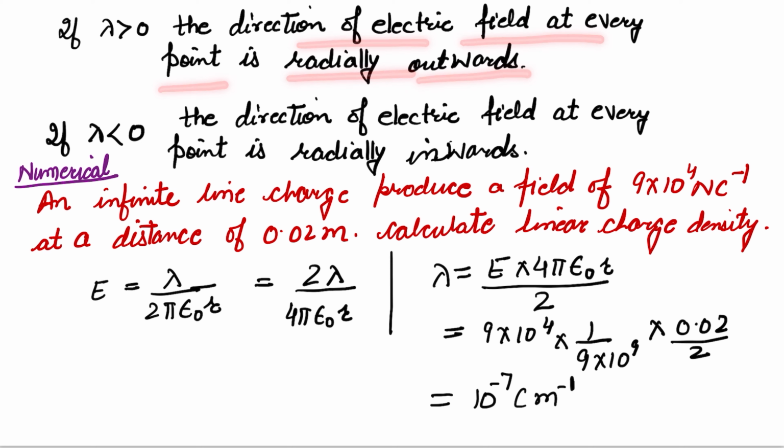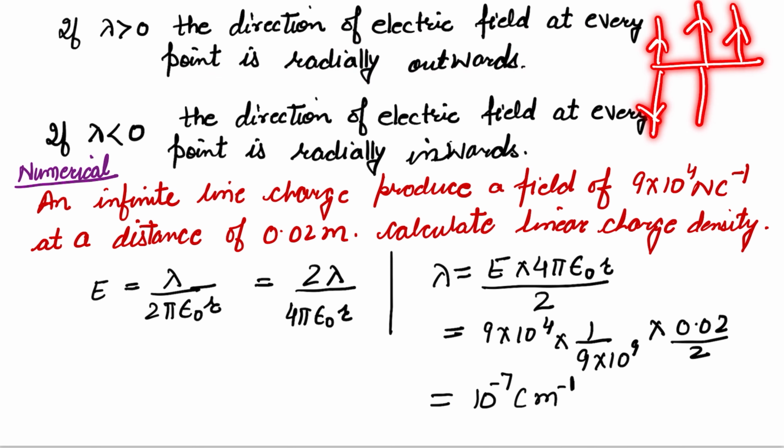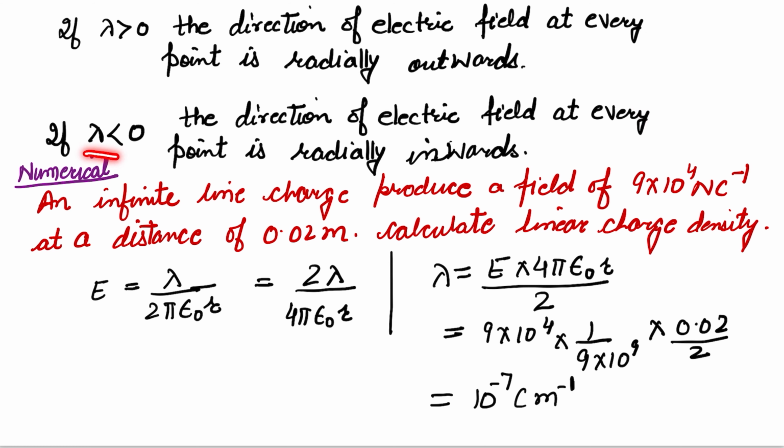If your lambda is less than 0, it means your wire is negatively charged. So the direction of electric field at every point is radially inwards.